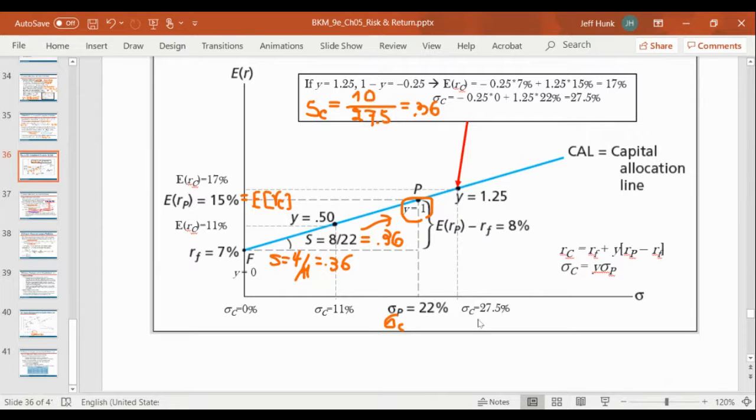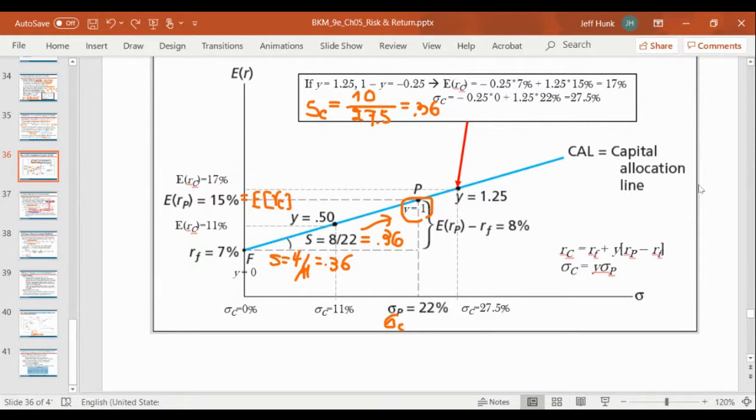In that case, complete portfolio standard deviation is 27.5, complete portfolio return is 20%, subtract 10, so it is 10 over 27.5, still the same. I don't have to write it again. The Sharpe ratio will still be 0.36.